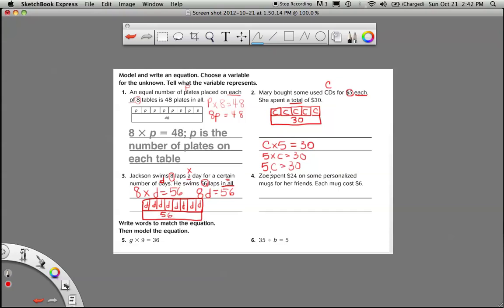All right, Zoe spent $24 on some personalized mugs for her friends. It doesn't tell me how many personalized mugs, so that must be my variable. I'll make it M for mugs. She spent $24 on personalized mugs, M, for her friends. Each mug cost, oh, that's my multiplying, $6.